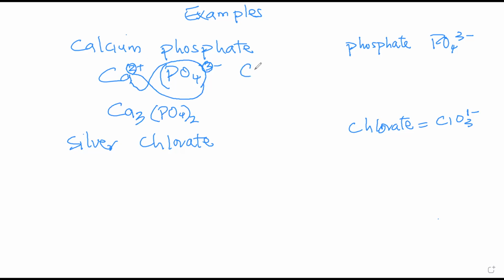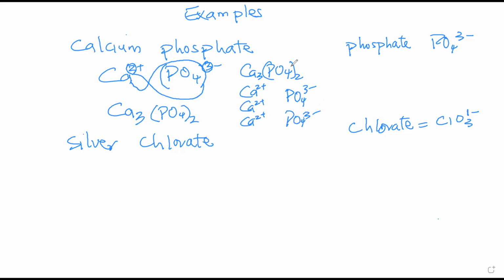What does it mean? If we have this, it simply means there are 3 of this, and there are 2 of this. 6, 6. Okay, that's the formula.